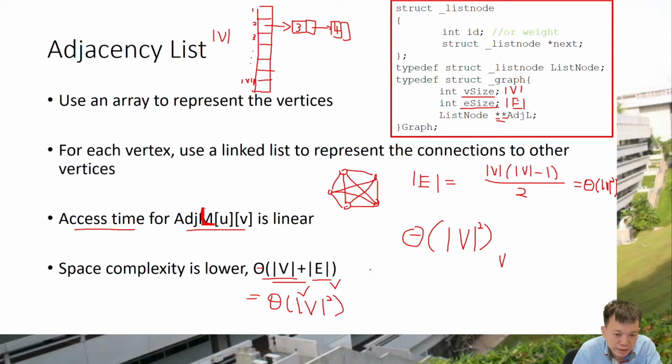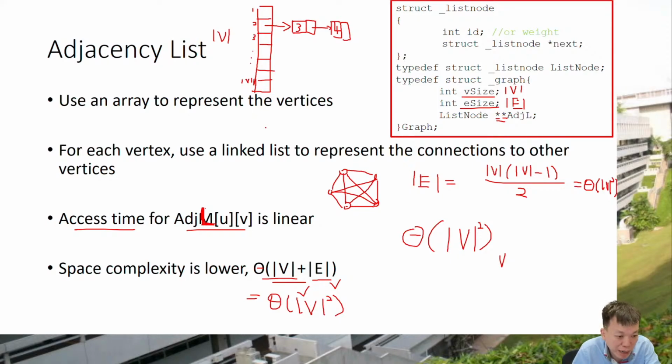That means the previous adjacency matrix is always V squared. But the adjacency list is only V squared in the worst case scenario. It can be better than that.